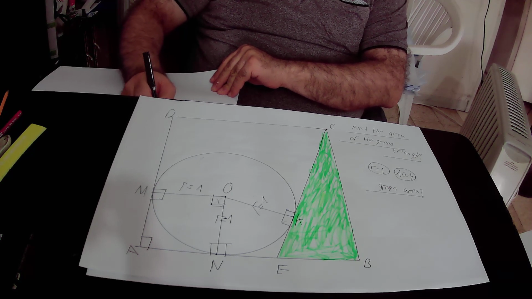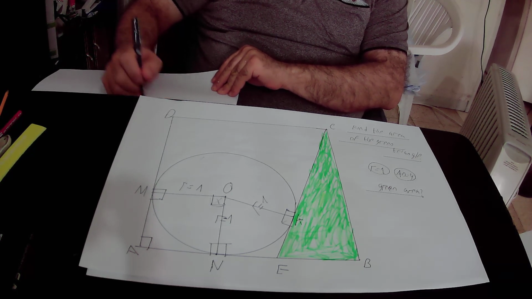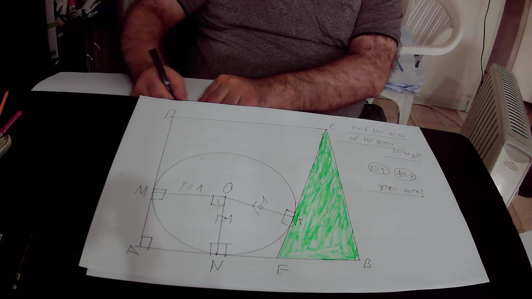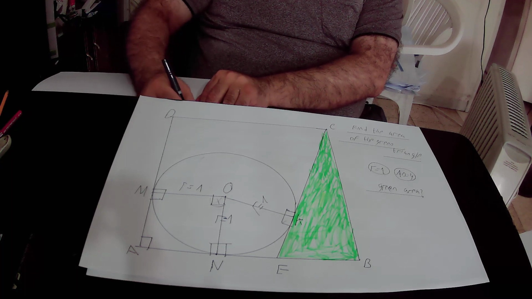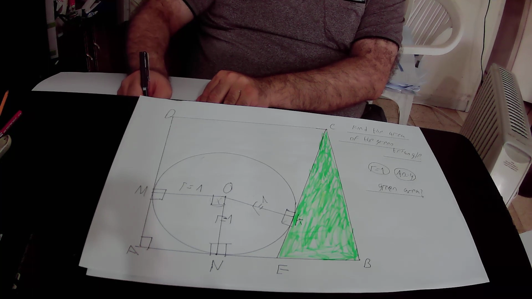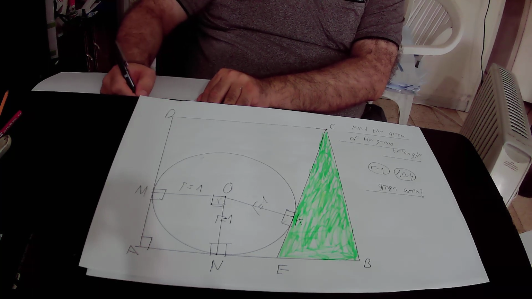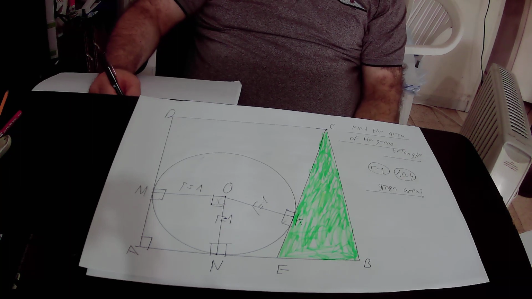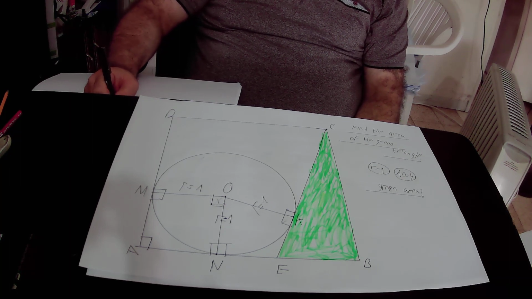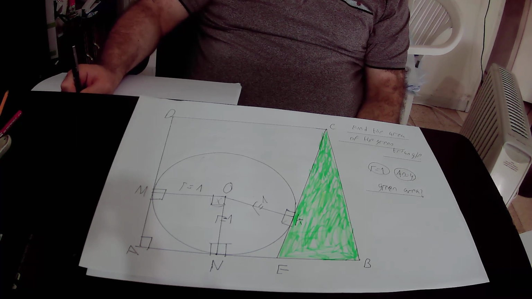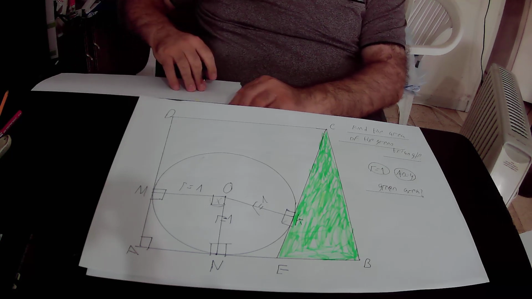That is to say, MO equals AN according to rule number 4.